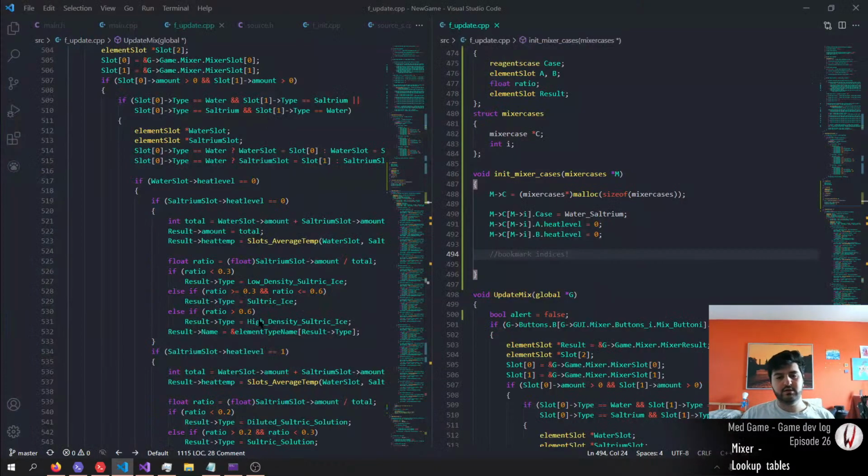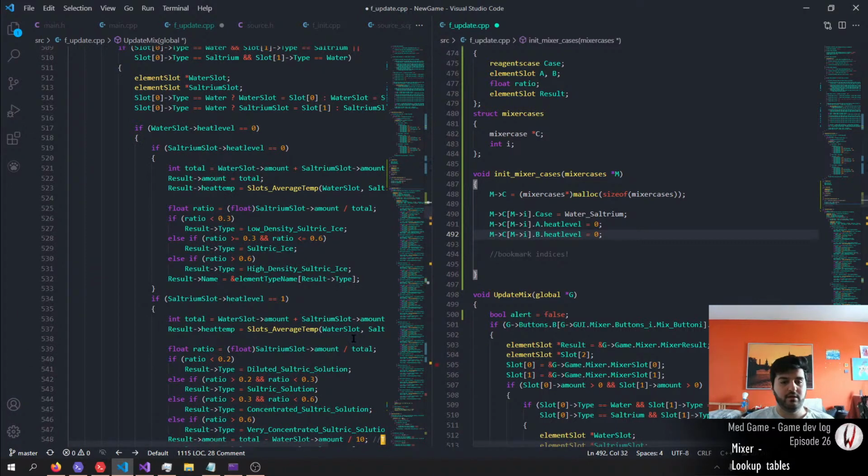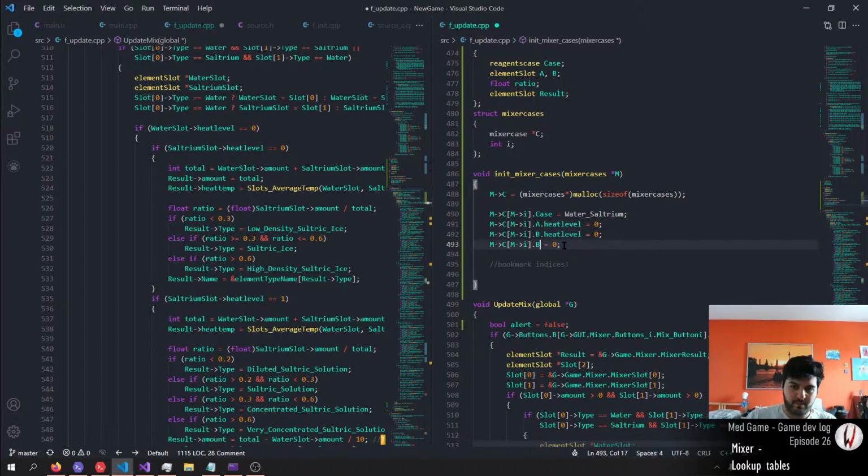Alright, so we're back. So here I want to bookmark indices. Bookmark's gonna take a while later, but for now let's do this. 0, 0, I have ratio.